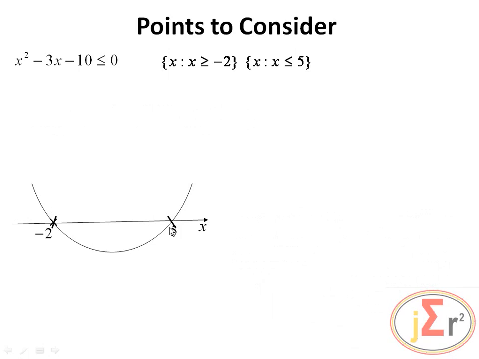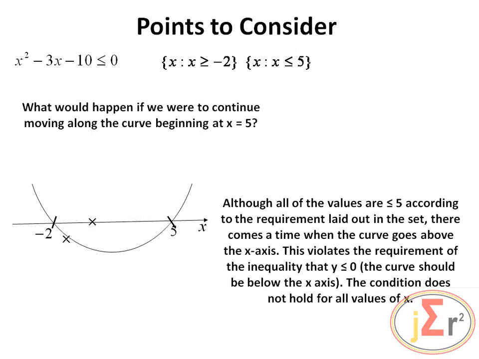At the beginning, we are going in this direction as the curve is going below the x-axis, which is desirable, which is what we really want. Although the values of x that are here are also less than 5, as required here, x is less than or equal to 5, we realize that there comes a time when the curve moves above the x-axis. So it moves like that. Let's see again. Right.